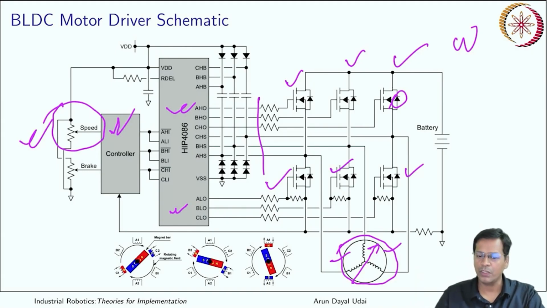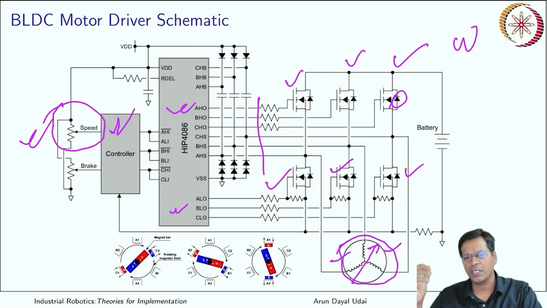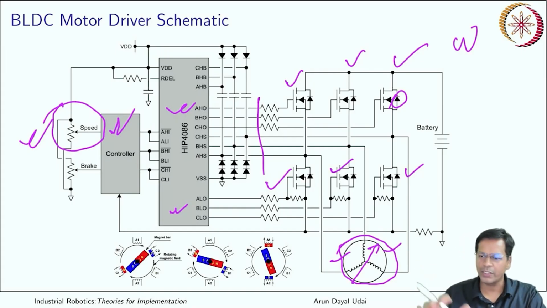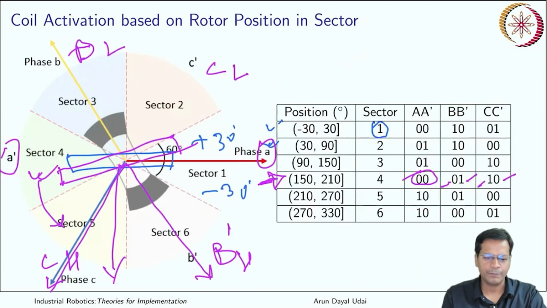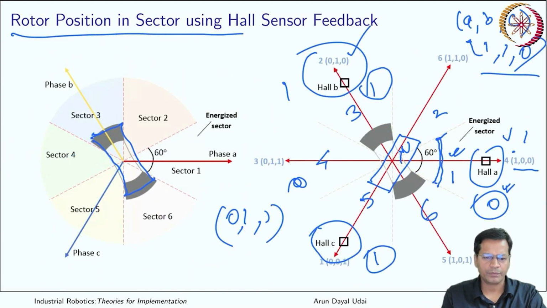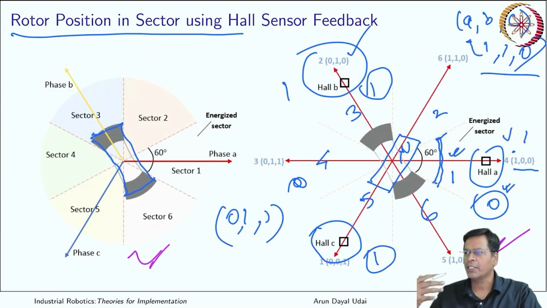In order to control rotor position at least, you can just take the feedback from the sector region that you saw in our initial slide, somewhere over here. Using Hall effect feedback, you can very well get the sector feedback of where my rotor is.